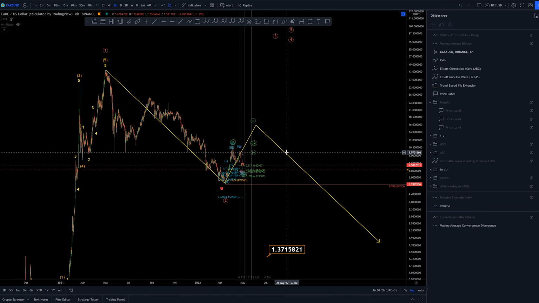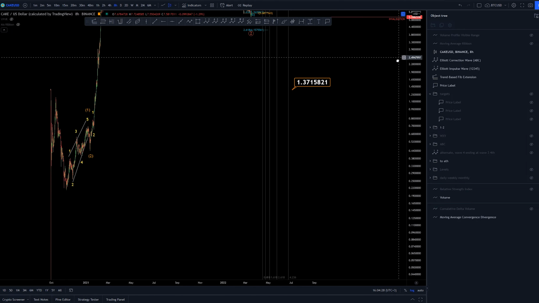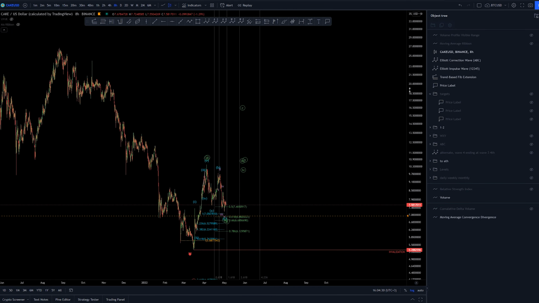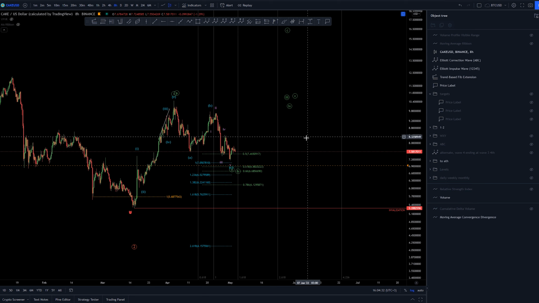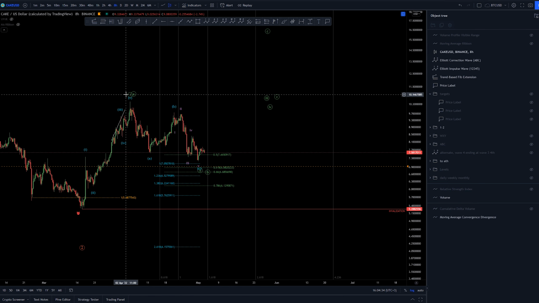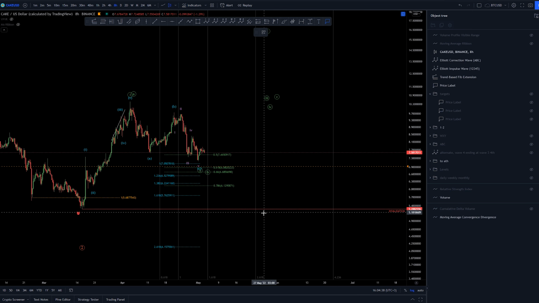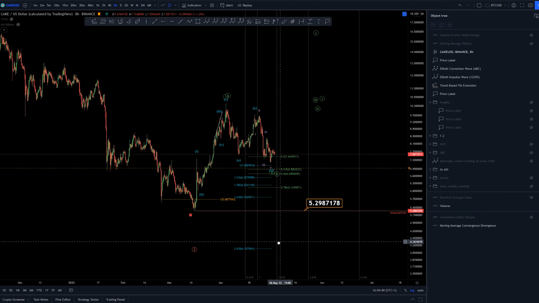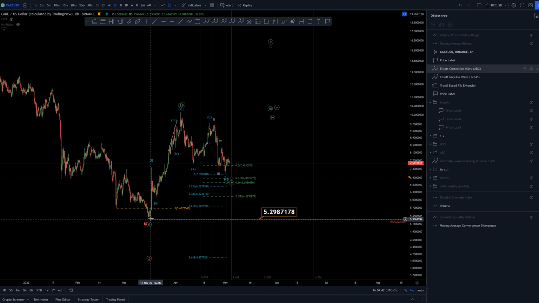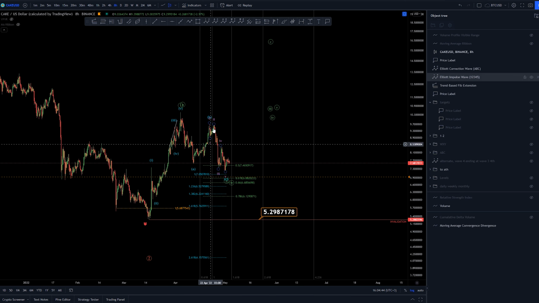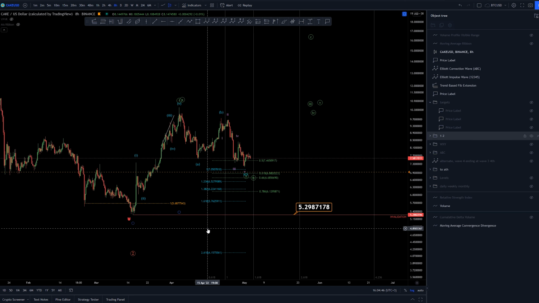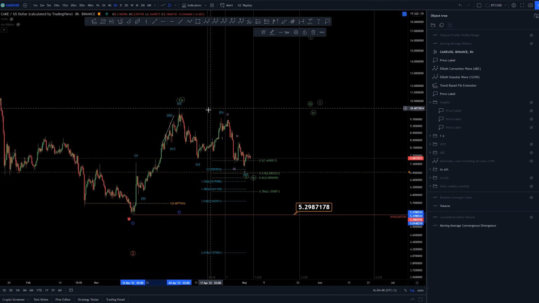But again, options. Invalidation is pretty clear for the wave 1 idea, or the bullish idea, just below these here, around $5.30, and yeah, that's pretty simple. Wave analysis tells us that this definitely can be wave 2.